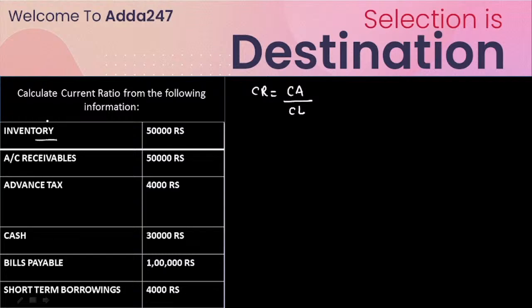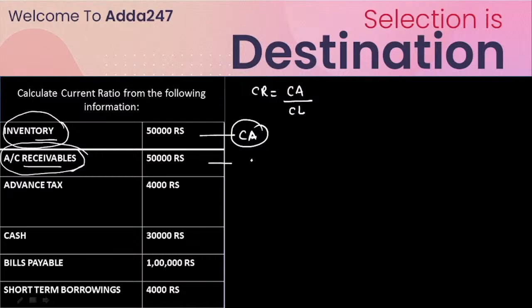So inventory is a part of our assets as well as current assets, so this will be included under current assets. Account receivables, that means the amount that we have to receive from our debtors, basically in terms of bills of exchange, are also a current asset.